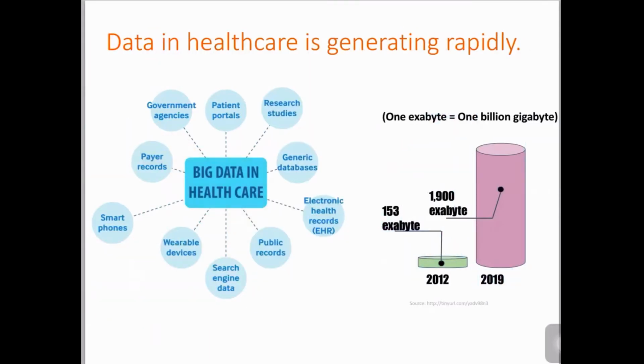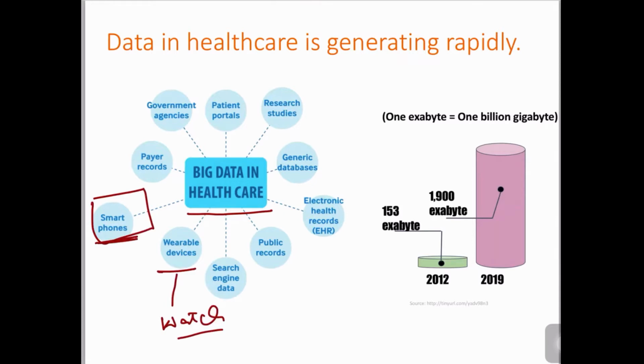At this time, this is an information age. We have a lot of data being generated. When we specifically talk about healthcare, we have different kinds of data available around us. For example, we have wearables like our watches and Fitbits, and smartphones which collect our data, or we collect our data by choice.